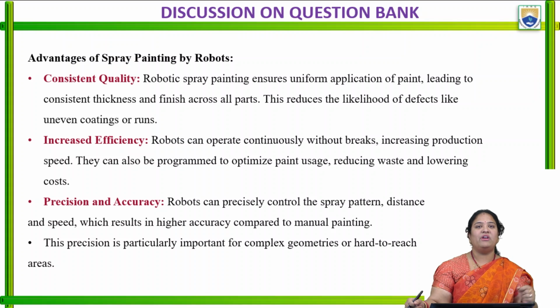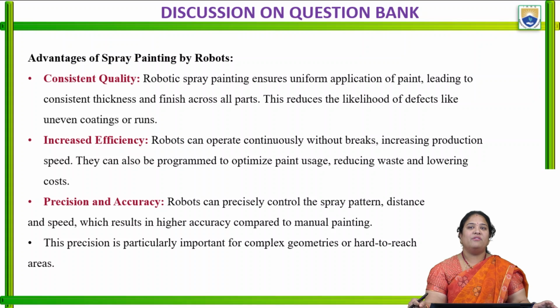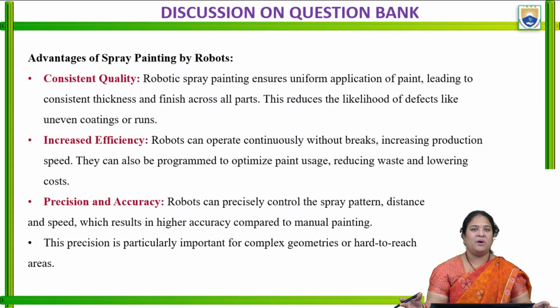When we do it manually, we don't know at what constraint we are spraying; at some parts it may be more, at some parts less. We cannot identify that consistency of quality when working manually. But the same thing done by a robot gives us good, consistent quality and finishing across all parts of the automobile manufacturing system.